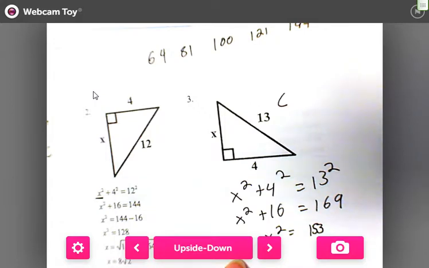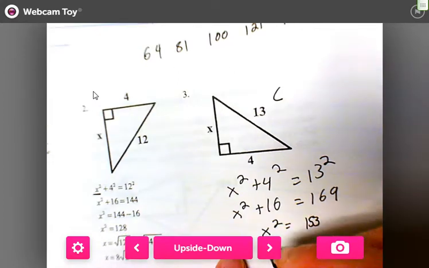Not evenly, though. 153 divided by 121 doesn't fit in there evenly. 153 divided by 100, 81, 64, 49, 36, 25 doesn't fit in there evenly. 153 divided by 16. Nope. 153 divided by 9. Yes.